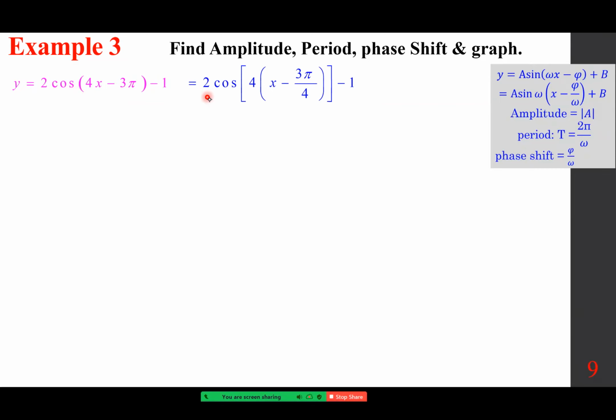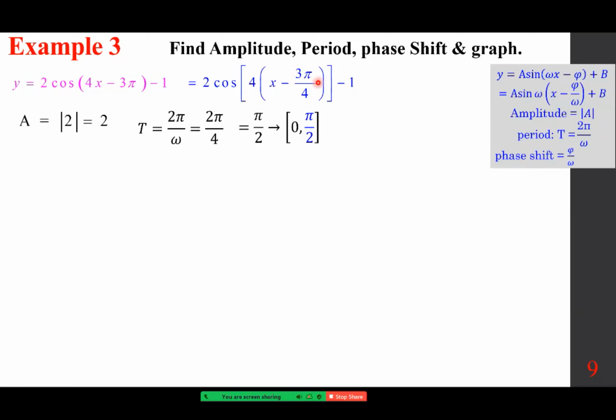The amplitude is 2, because the absolute value of that is that. The period T is 2 pi over 4, which makes it pi over 2. And so if there is no phase shift, we're going to go from 0 to pi over 2. So the period is pi over 2. So we're going to go from 0 to pi over 2.